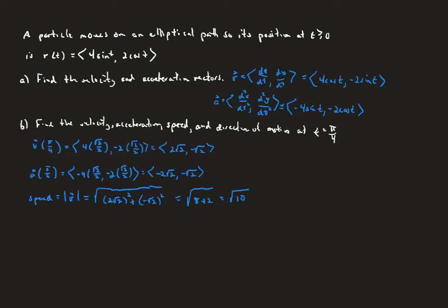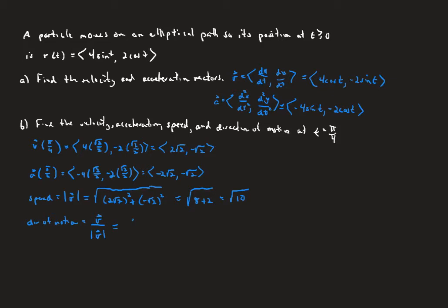And finally, our direction of motion. What we're going to do here is take the velocity vector divided by the absolute value of the velocity, or the velocity vector divided by its magnitude. We found the magnitude of the velocity vector; that was the same thing as speed.